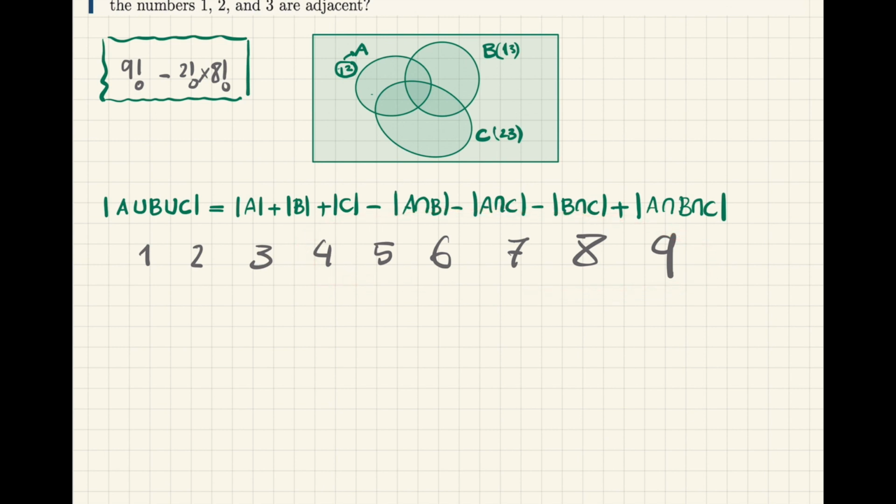Assume that I arrange them in one way. For example, I decide to put 5 here, then 8 here, then 4 here, 7 here, 9 here, and finally 6 here. This is one way of arranging the numbers from 4 up to 9, okay?